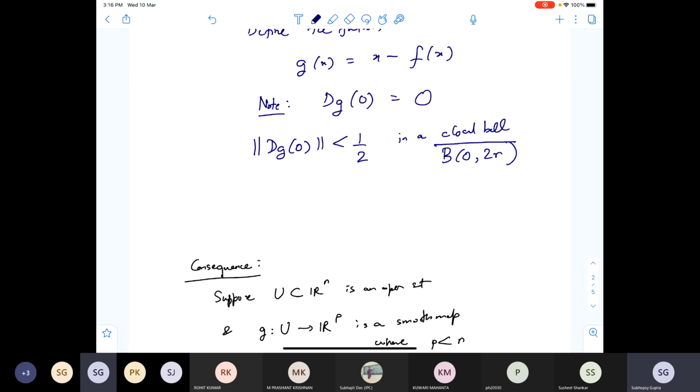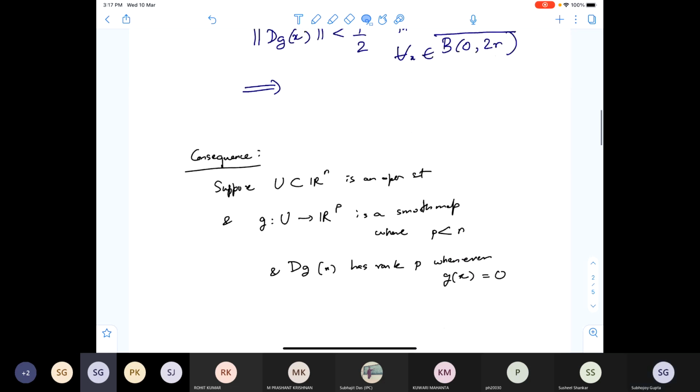I chose this half here, maybe it should be 1/4. So the norm of dg at x is less than half for all x in the closed ball. Yes, thanks. Let me just push this down.